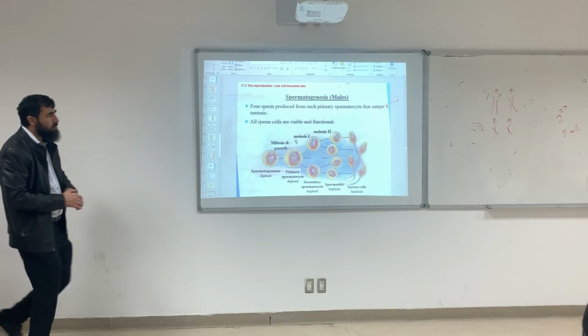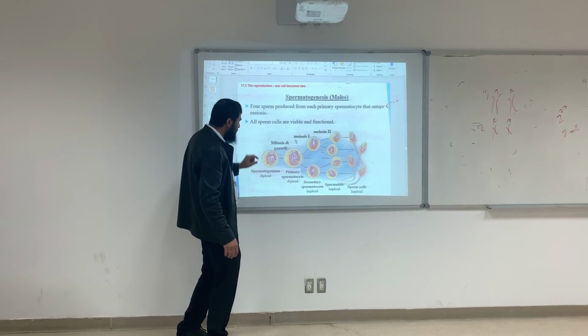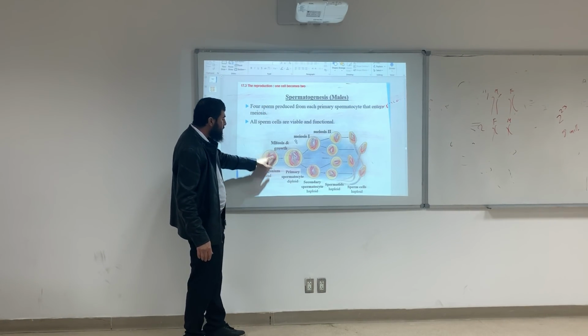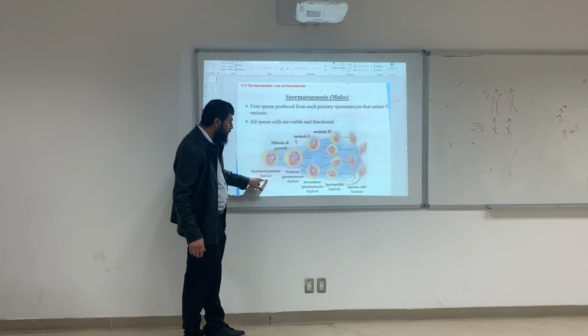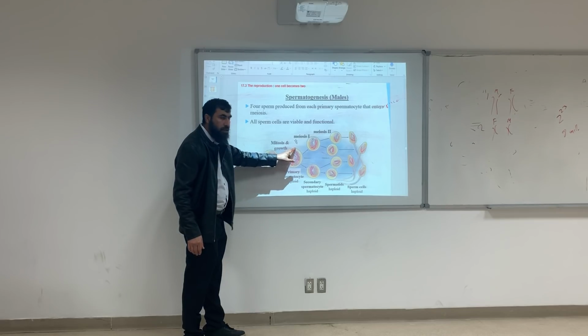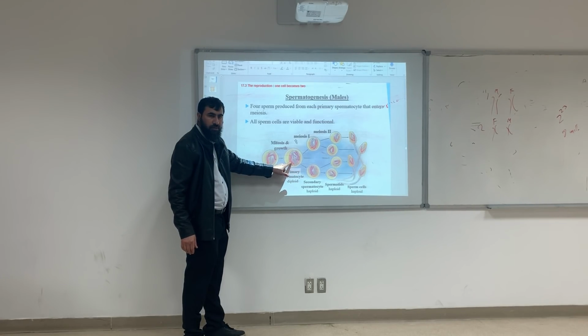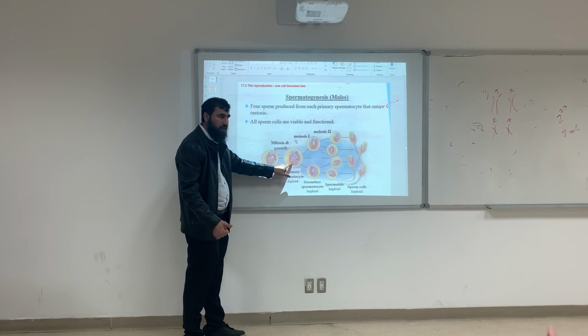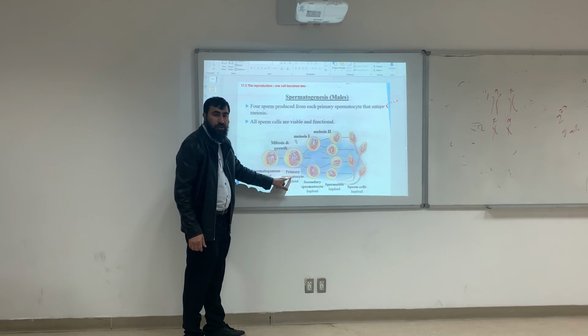In the males, the process is known as spermatogenesis. We start with a cell called spermatogonium, which is diploid. It goes through mitosis and growth. It has duplicated chromosomes because it went through S phase, and it forms the primary spermatocyte.